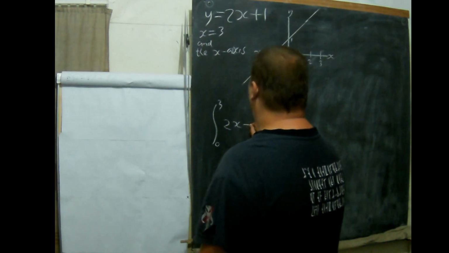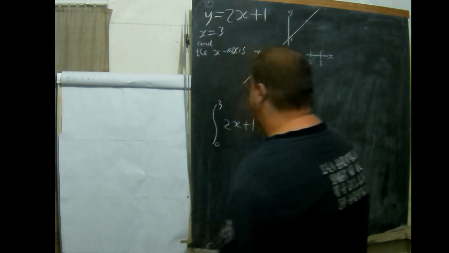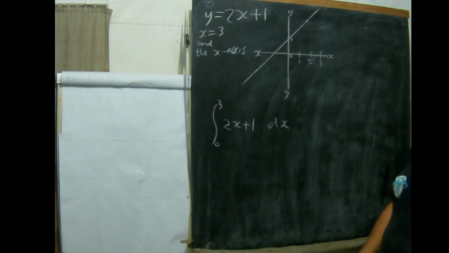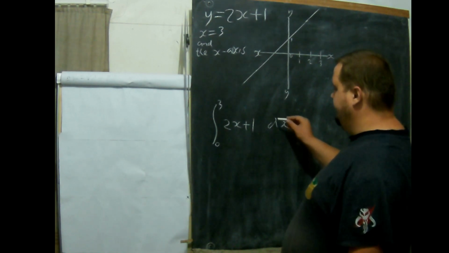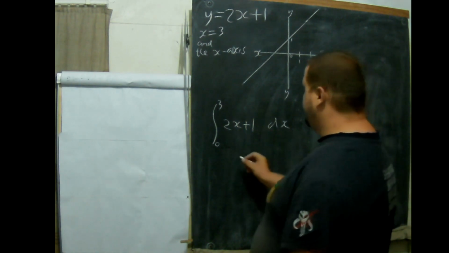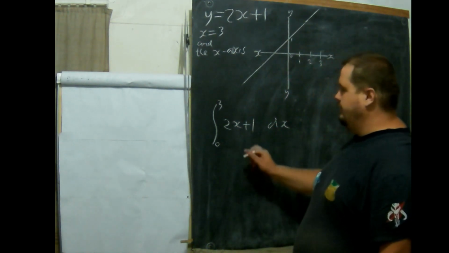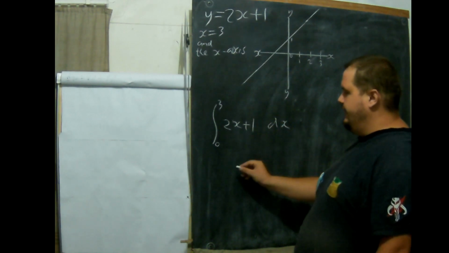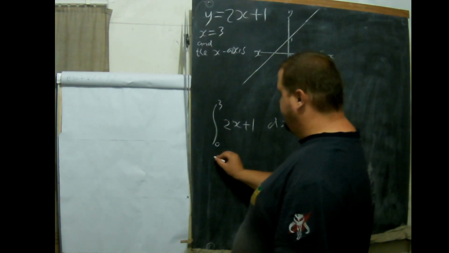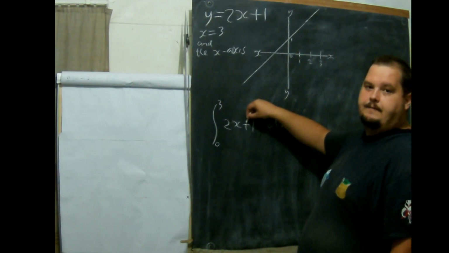The integral of 2x plus 1 dx, which means we take the integral with regard to x. Now we don't have to split these either. We can split them, but you don't have to, because it's already split here by the plus sign.